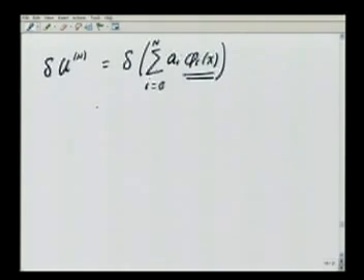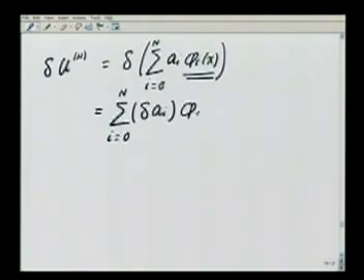So the delta of un will become the sum over i equal to 0 to n of delta of ai into phi i of x. So you see what has happened, that the variation of un is given in terms of the linear combination of the variations of the ai's.